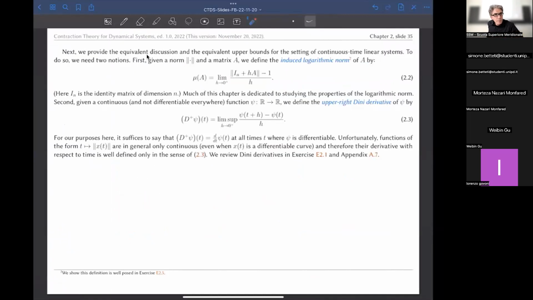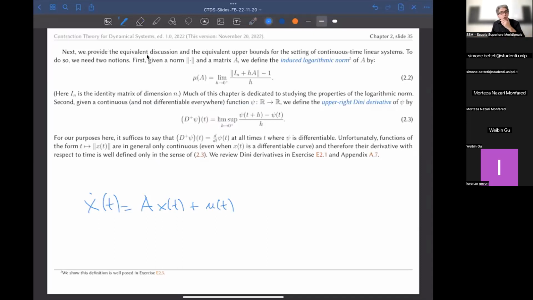So now I have x dot, and actually, let's be careful, I have x dot of time equal to A x of time plus u of time. So how do I upper bound the norm of x? Now we're in continuous time.